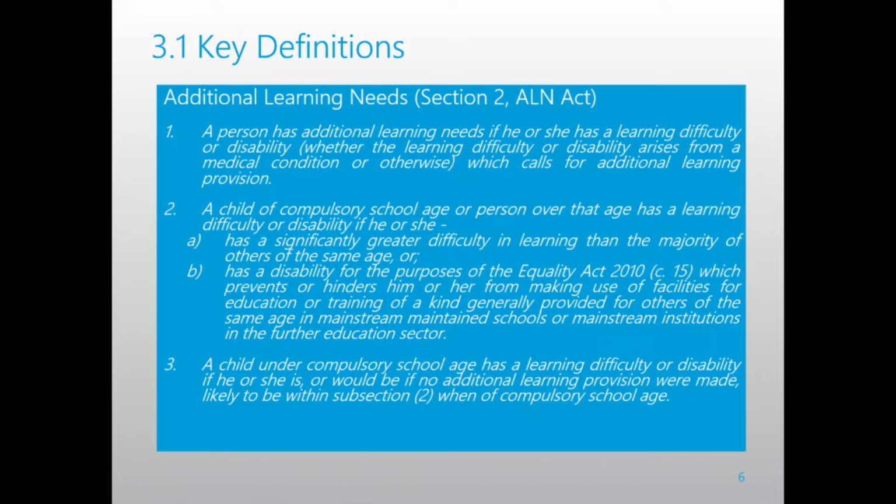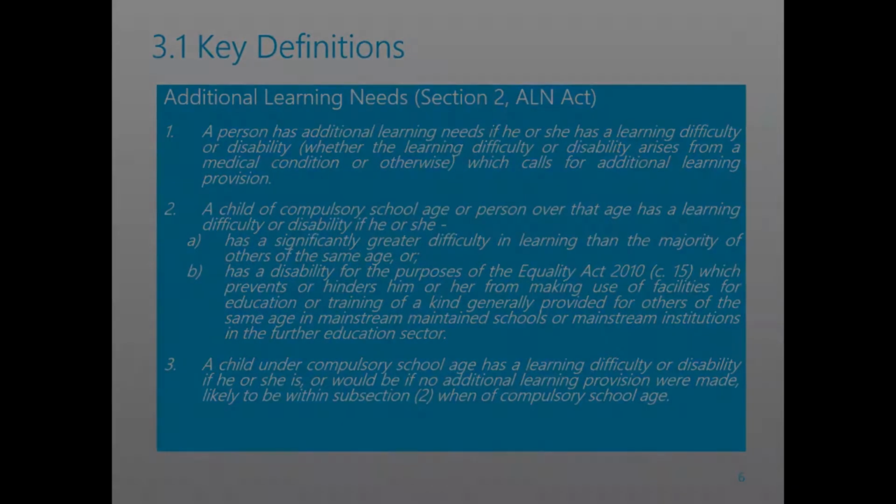They then expand that a child of compulsory school age or person over that age has a learning difficulty or disability if he or she, A, has a significantly greater difficulty in learning than the majority of others the same age, or B, has a disability for the purposes of the Equality Act 2010. That's very similar, if not virtually identical, to the tests that we have now, both in Wales and in England.